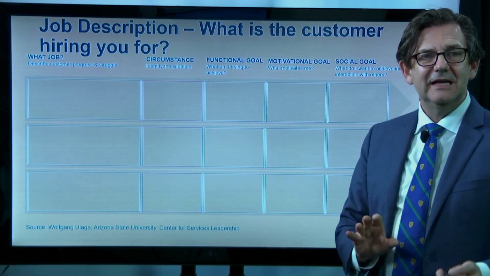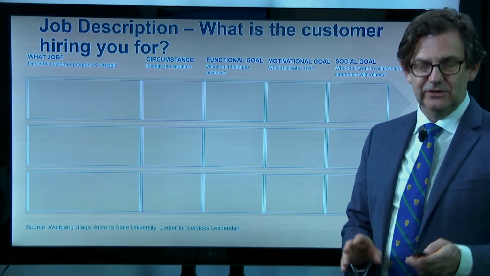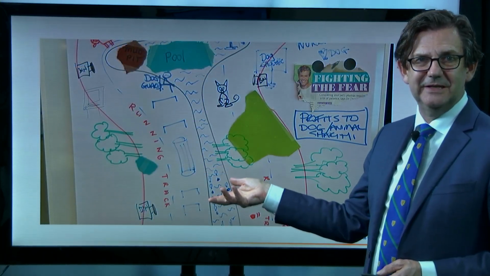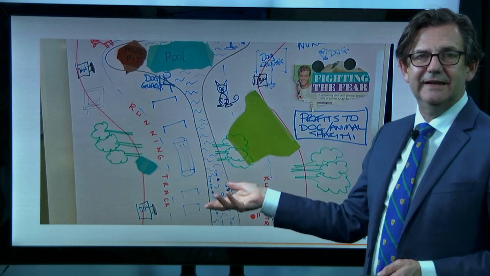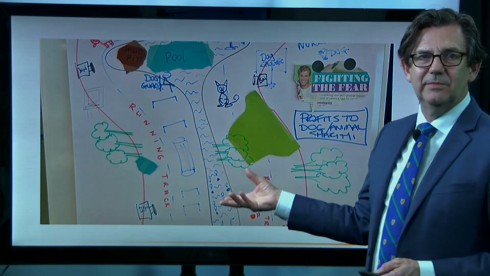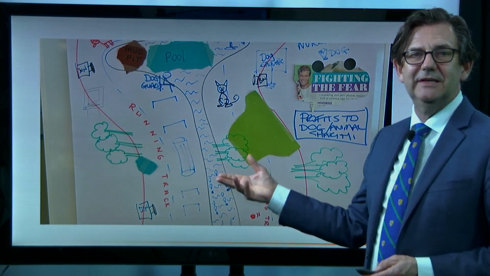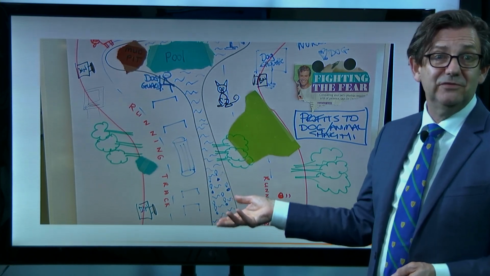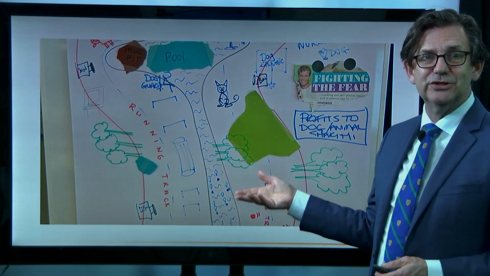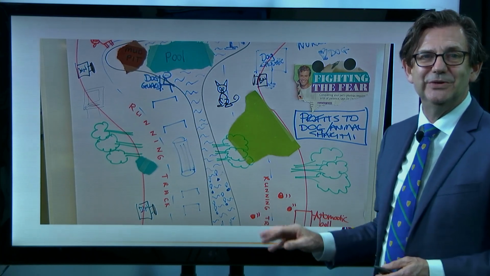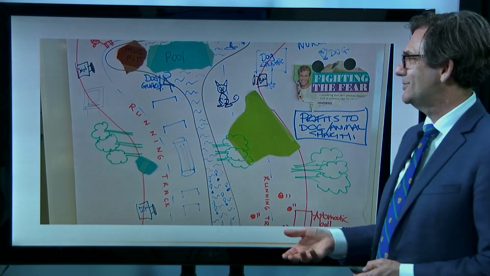Now, one of the first tools that we use, but we use this in conjunction with the empathy mapping, is what is the customer actually hiring you to do? So here we probably have two key customers: keeping the pet entertained, healthy, safe, and exercised, and at the same time a pet owner, the pet's human, showing empathy, love, care, probably getting a bit of a break, maybe having a social outing themselves. And if you look at this, there are some human components built into this as well.